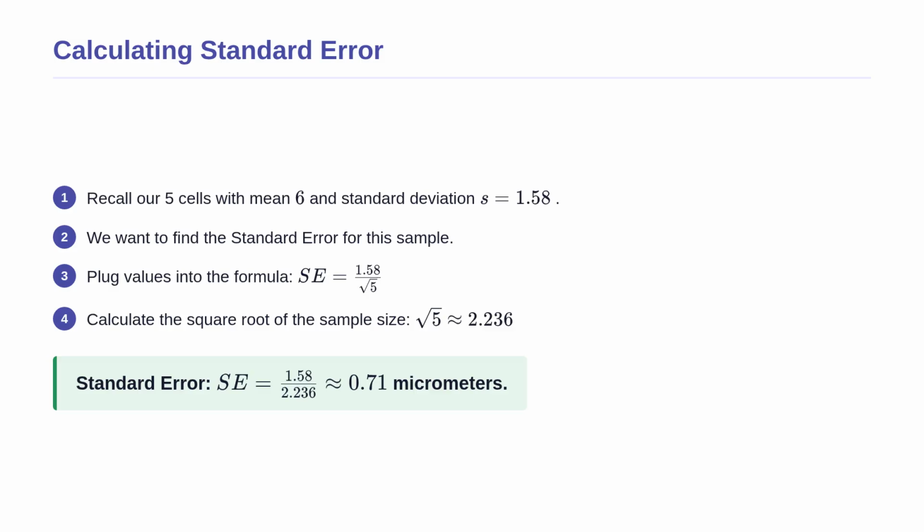We take our standard deviation of 1.58 and divide it by the square root of our sample size, which is 5. The square root of 5 is approximately 2.236. Dividing these gives a standard error of 0.71. This means if we repeated this experiment, our calculated average would typically fluctuate by about 0.71 micrometers.